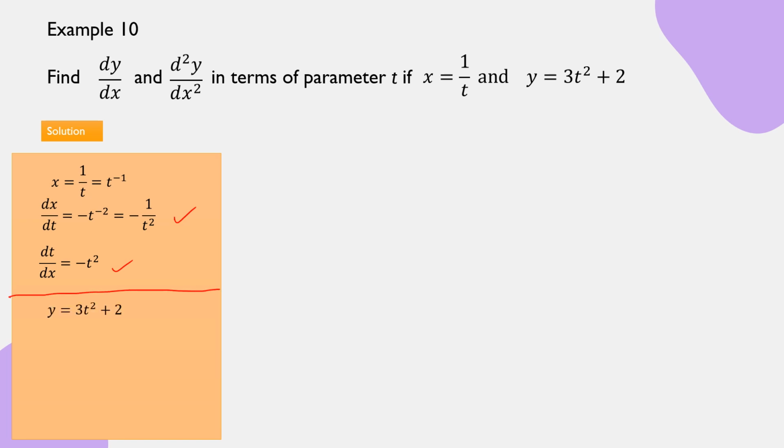Next, y equals 3t squared plus 2, therefore dy/dt equals 6t. So this is dt/dx, this is dy/dt.